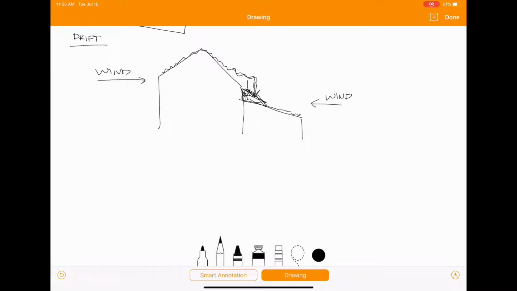So when the wind's blowing in this direction, this is going to be leeward drift. And when it's blowing in this direction, this is going to be windward drift.